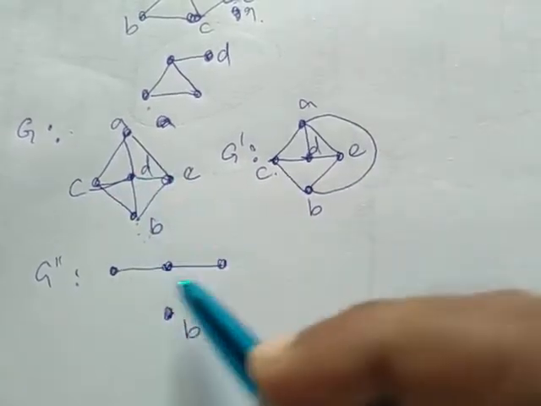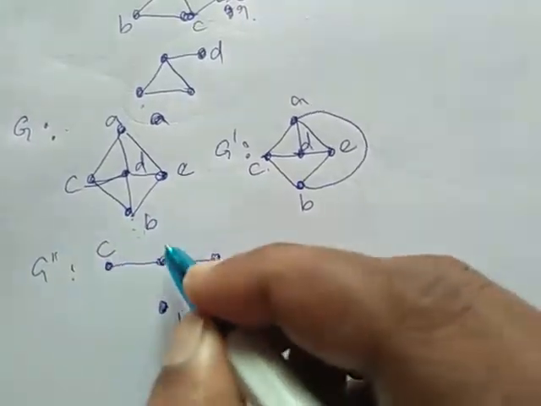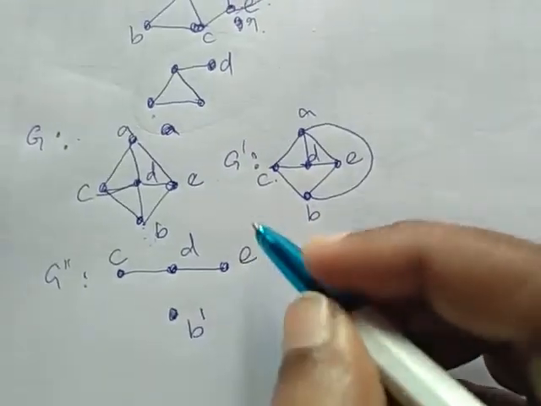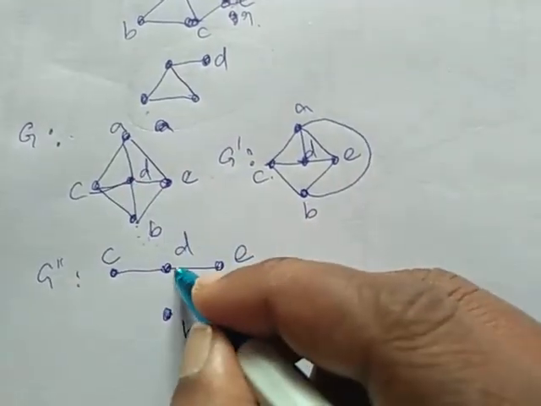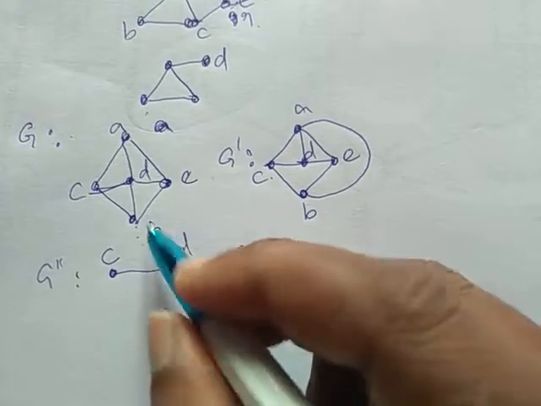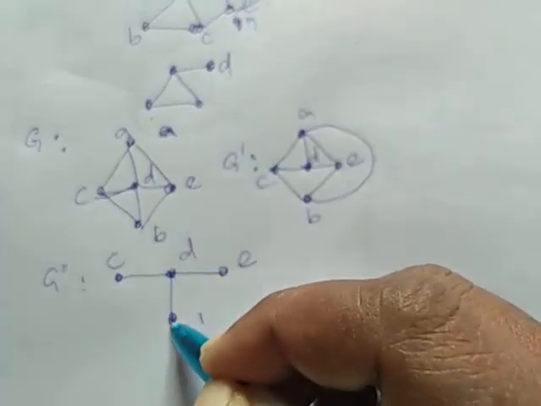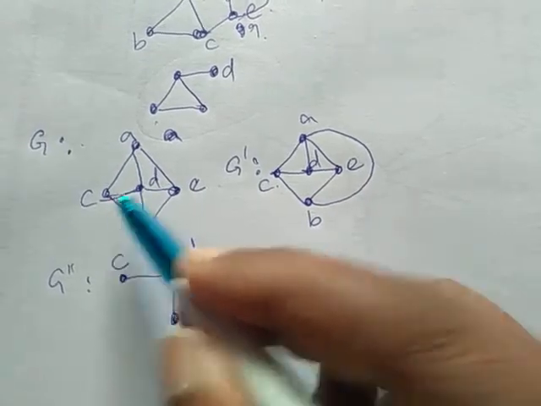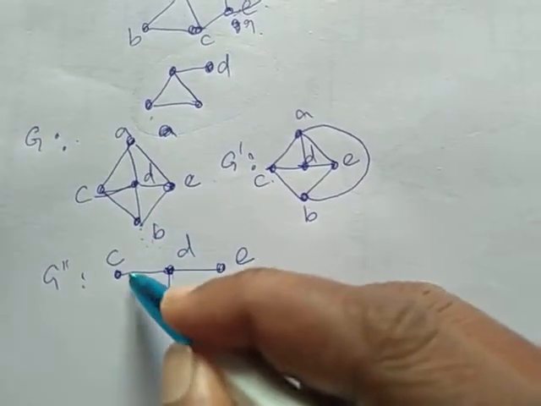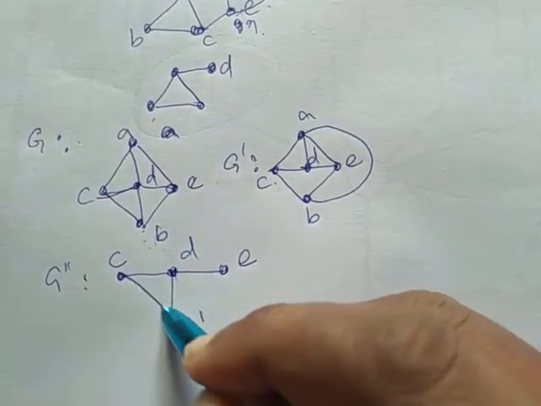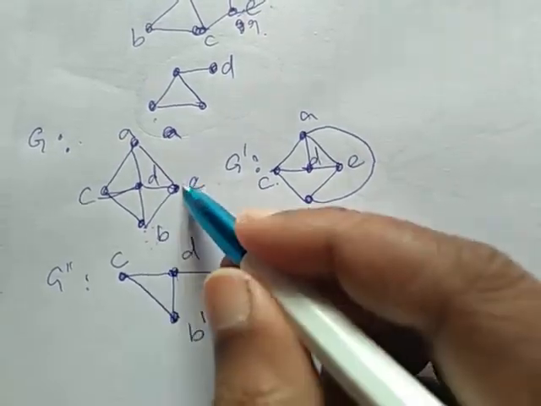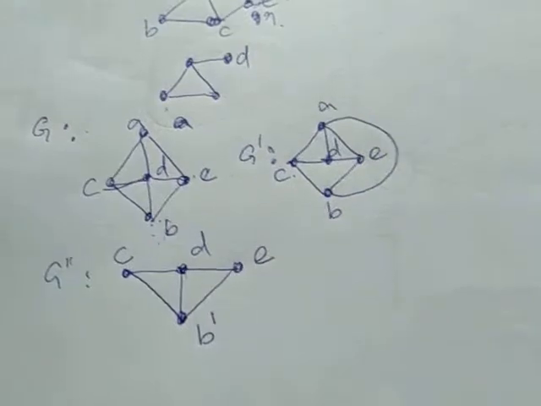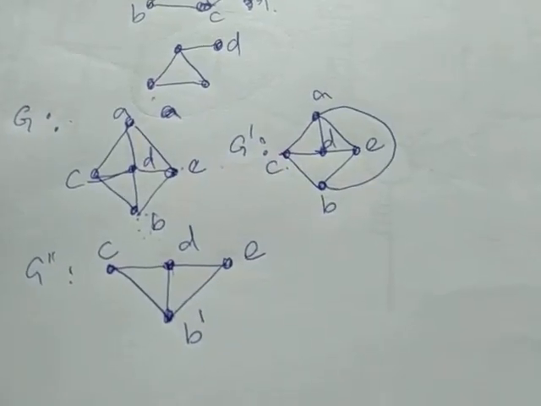C is connected to D. D is connected to E. And D is connected to B dash. Similarly, C is connected to B dash. B dash is connected to E. This is our G double dash.